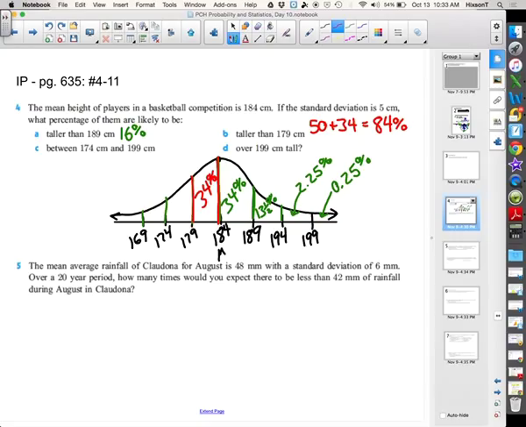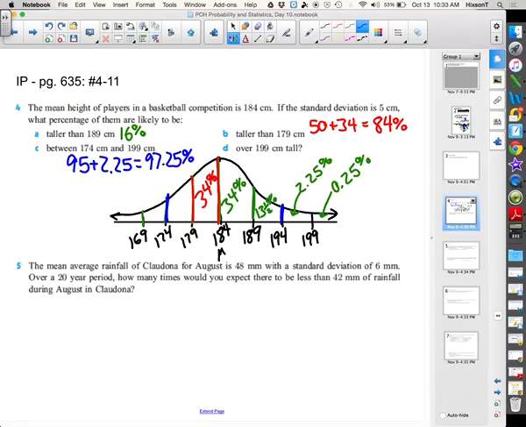Oh, it's 95. This to this is 95, right? And then we're just adding on this 2.25. Okay? So 95 plus 2.25, we got 97.25%. Okay?